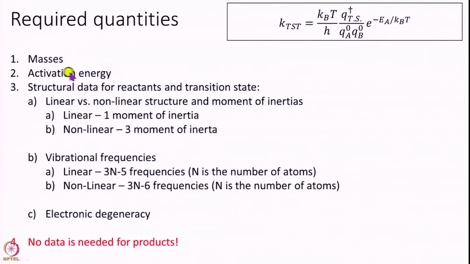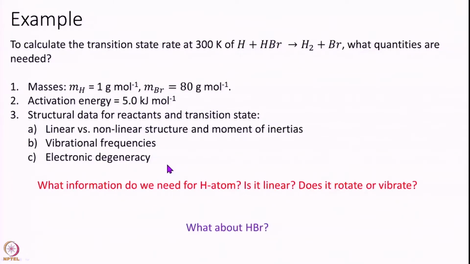We will need the activation energy of the reaction. We will need to find whether the reactants and transition state are linear or non-linear, and what the corresponding frequencies are. We will finally need to look at the electronic degeneracy of the reactants and transition state. So, let us start doing that.